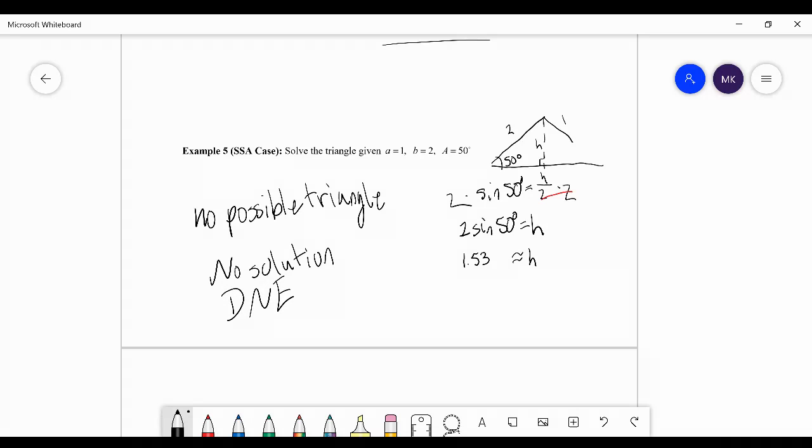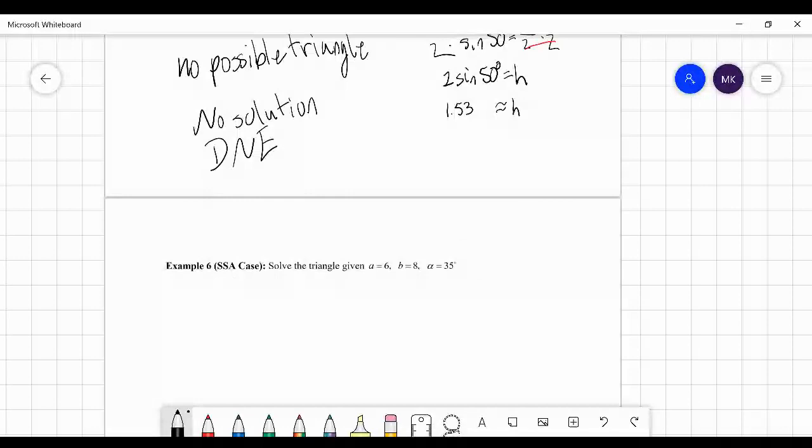So like on the online homework, if it says if the triangle doesn't exist, enter D and E for all of them, do what it says. If this is a paper test or a fill in the blank kind of thing, just no possible triangle, no solution, D and E, any one of those three would be fine for my purposes, if the problem doesn't specifically state what to say. Otherwise, any of these three will work.